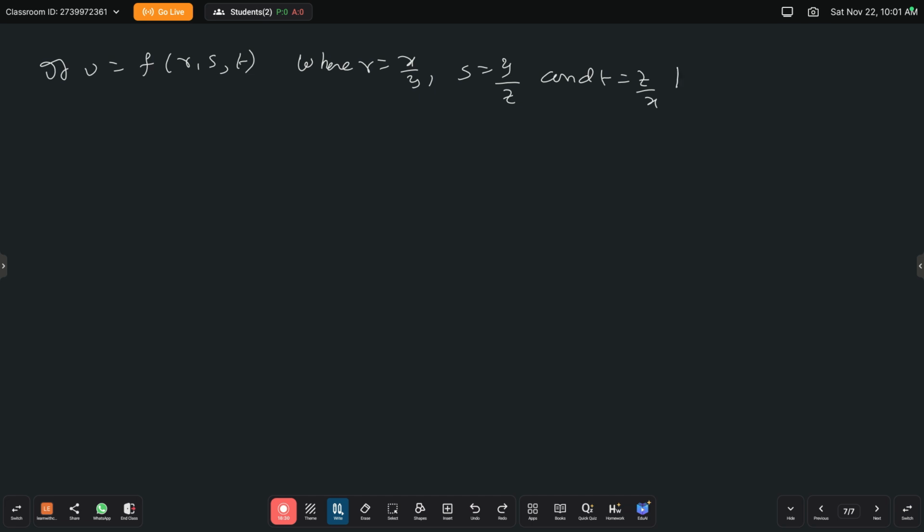Then show that x into dou u by dou x plus y into dou u by dou y plus z into dou u by dou z equals 0. Okay, so the function is f of r, s, t, where r, s, and t are defined. Okay, now the solution.